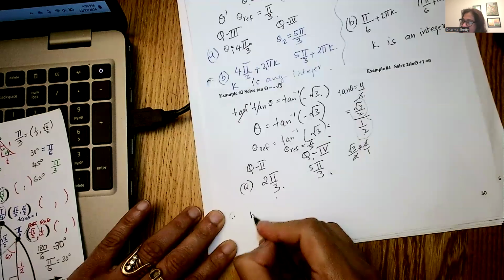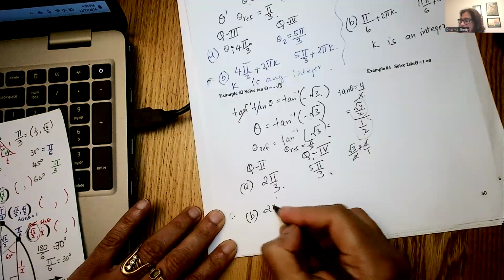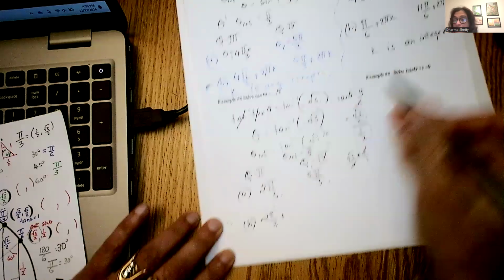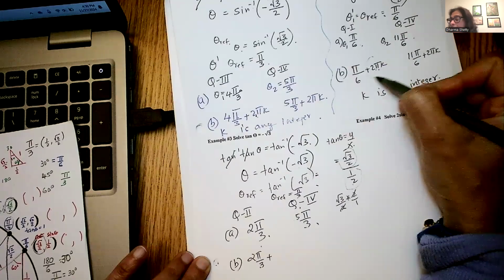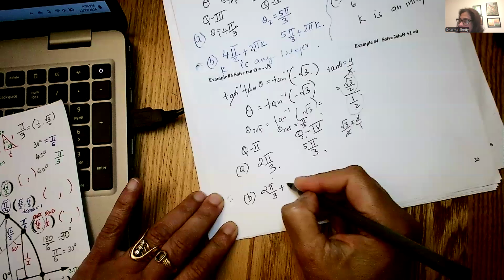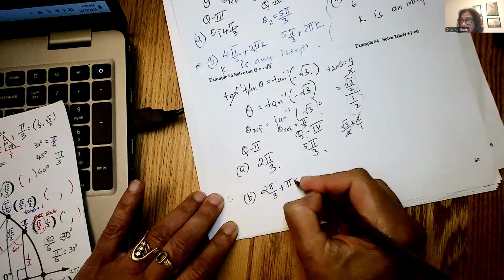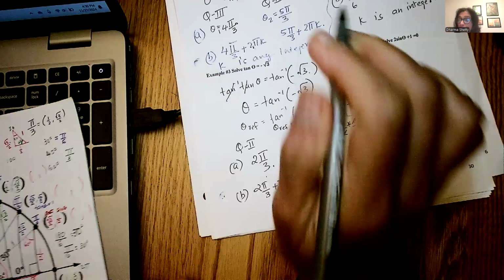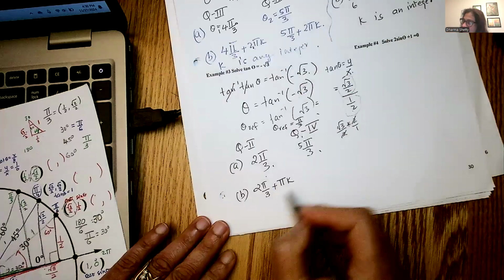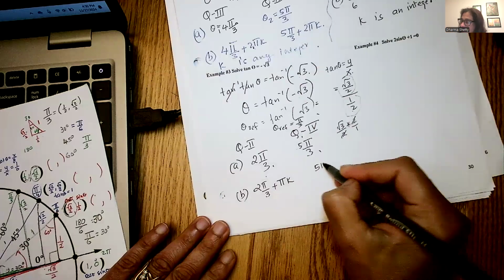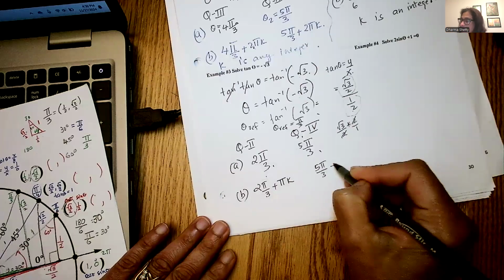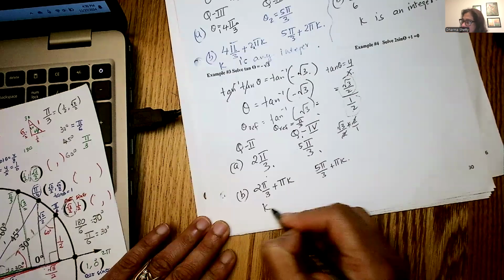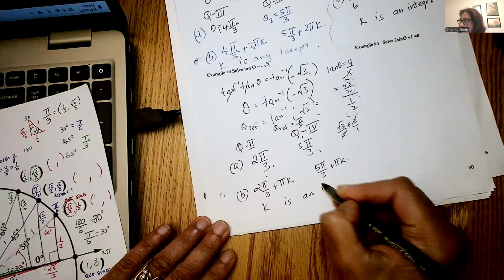Then to find the B part, which is easy, it is 2 pi third plus pi k. The period is pi in the case of tangent and cotangent. And 5 pi third plus pi k. K is an integer.